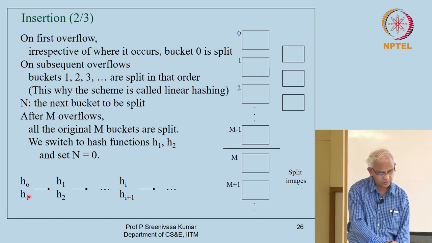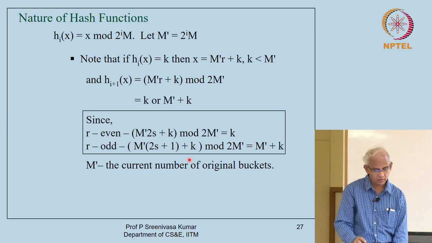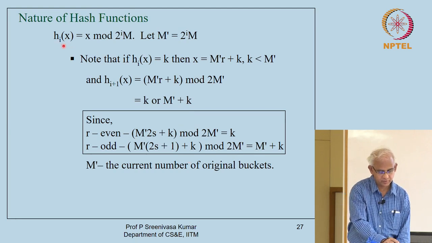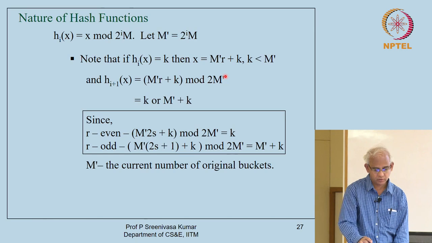Okay. So, this is how linear hashing will work. We make use of h0, h1 to start off, then h1, h2 and so on. At any point of time we will be using a pair of hash functions, hi and hi plus 1, in order to handle this. So, here is a proof that if you have hi of x as x mod 2 power i m, then if you apply hi plus 1 to the same number, you will get either k or m prime plus k.